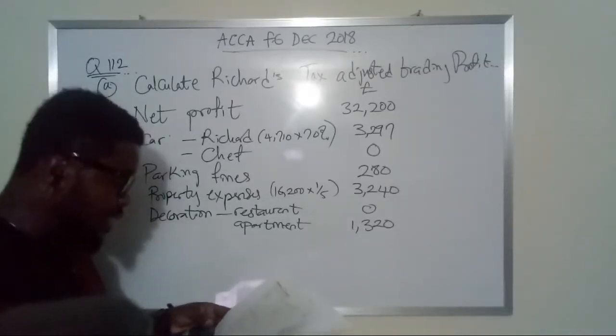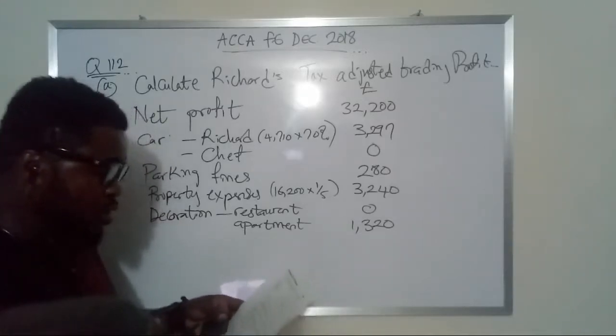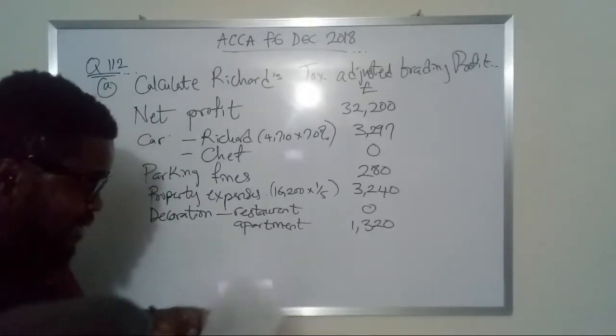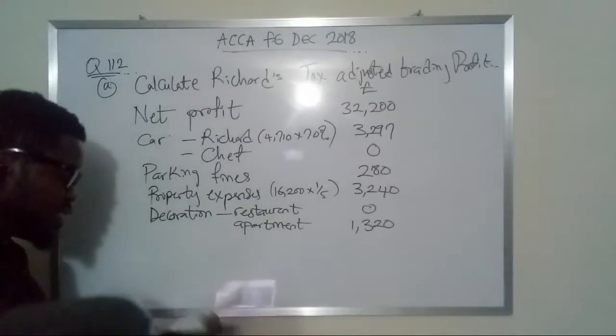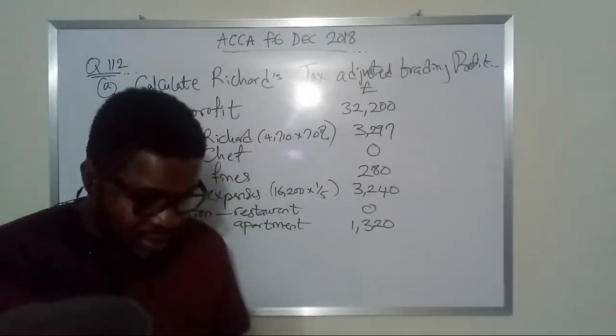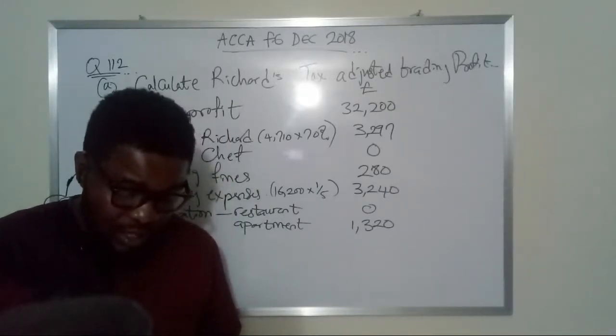The figure of £10,960 for other expenses include legal fees of 2,590 in connection with the purchase of the restaurant property. The remaining expenses are all allowable.